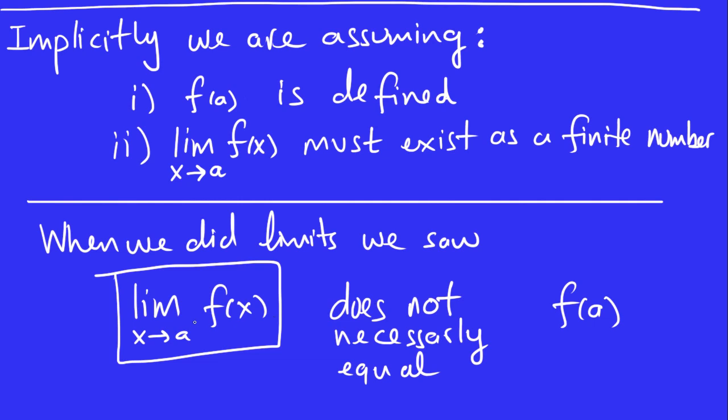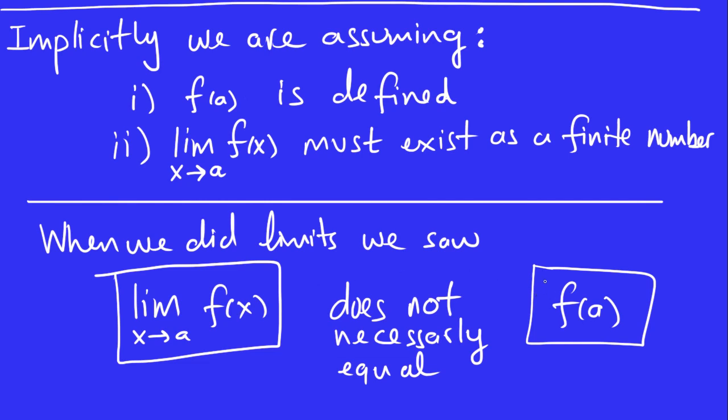In other words, they think that to do this limit, all they got to do is figure out what f of a is. In other words, they think these are equal. But that doesn't have to be true all the time, right? Sometimes they are equal, and sometimes they're not. When they are equal, that's quite special, actually. So if you can do a limit by just putting the number inside the function and getting the answer, f of a, and that's the answer for the limit, that's a special circumstance.